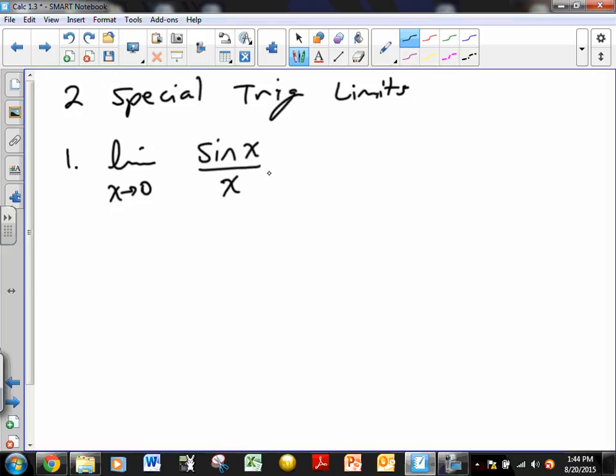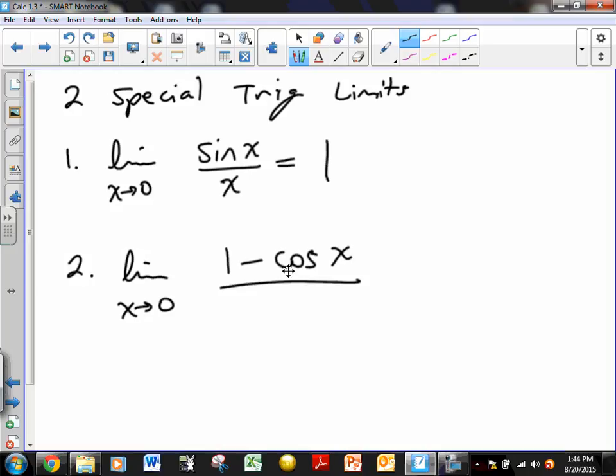But I'm not going to be able to factor anything here, nor am I going to be able to rationalize. So this is a special limit, that's why we have a special limit here. This is equal to 1. Another special limit. Limit as x approaches 0 of 1 minus cosine of x over x. That one is equal to 0.